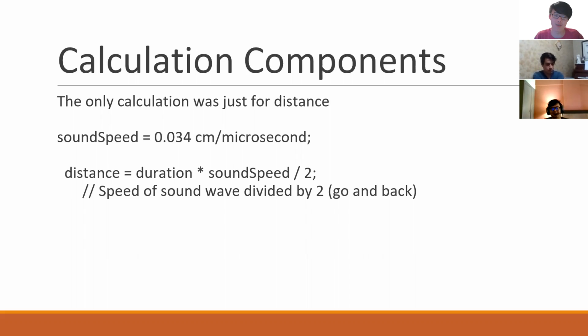The sound speed we assume is 340 meters per second, which is equivalent to 0.034 centimeters per microsecond. We have to change to microseconds because the duration we get back from the ultrasonic sensor is in microseconds.